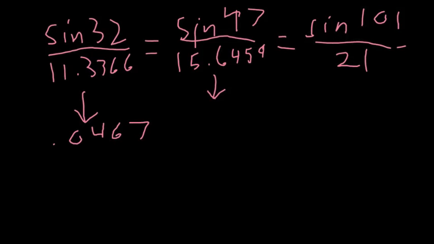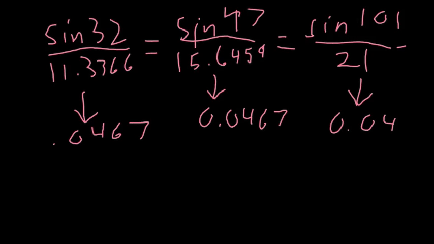You also get that same exact answer for sine 47 divided by 15.6459, and you get that same answer for sine 101 divided by 21. Therefore, you know your answer is probably right if all the proportions are equal to each other. That's it for angle side angle. If you have any questions, I'll stop the video and you can please ask now.